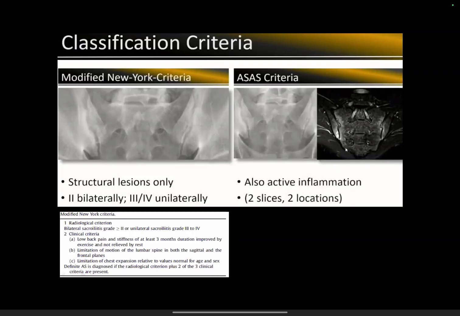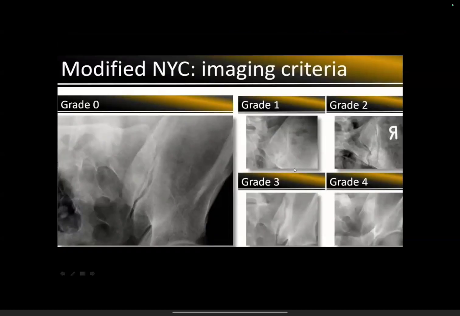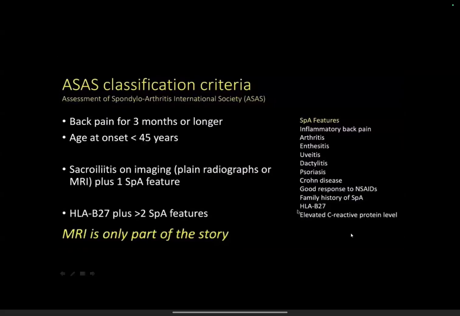So if we were seeing 2 locations and on 2 slices, that constituted what is active inflammation, that is no longer done. So this is another image showing the New York criteria and grades. So grade 1, grade 2, that is subchondral sclerosis is increasing. Grade 3 here sclerosis is increasing and some partial ankylosis is there, and grade 4 is complete ankylosis, right?